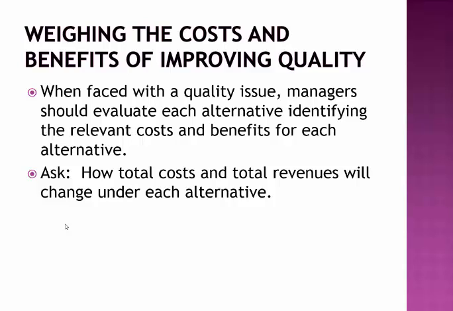We can do that again by using relevant information and trying to decide how we are going to improve our quality, because many times we have alternatives. We can do it this way or we can do it that way.